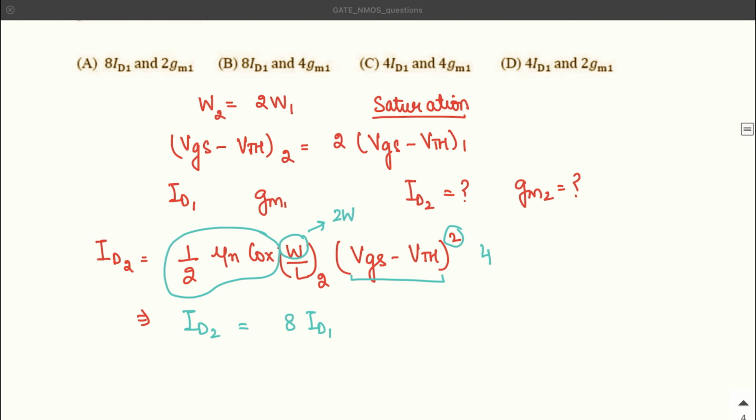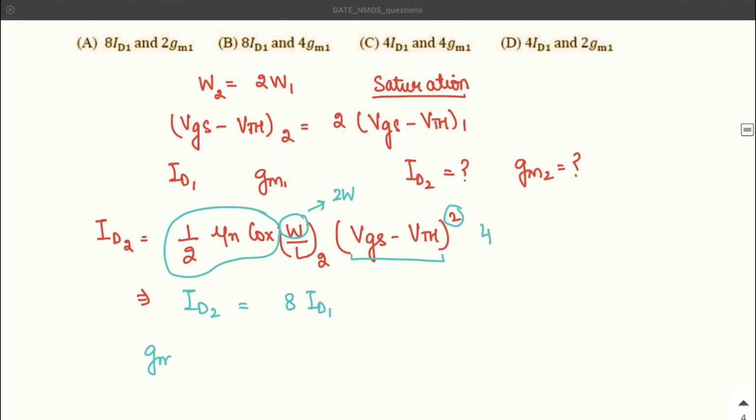Now next is GM. GM is actually defined as the transconductance del ID by del VGS, and the formula for this is mu n Cox W by L times VGS minus VTH for the transistor to be in the saturation mode. So this you can easily derive by just differentiating this equation with respect to VGS.